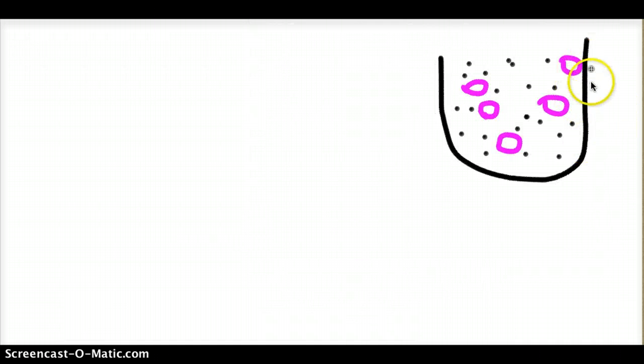So here I have a container which contains water molecules, which are the black dots, and I also have sugar molecules, which are the pink circles.